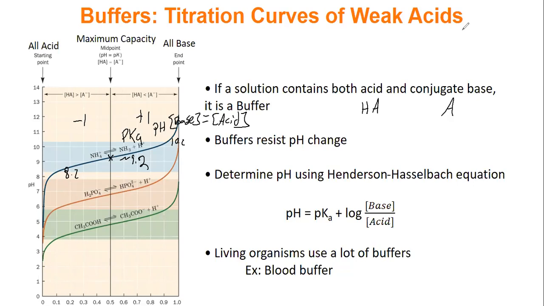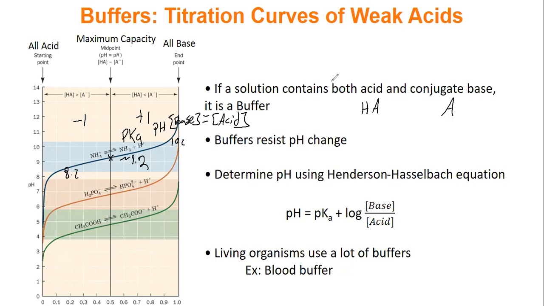The buffer maximum is +1, -1. Well, that's the maximum range, right? +1, -1 of its pKa. So that NH4 has a pKa of roughly 9.2, so the maximum range it can work as a buffer is between 8.2 and 10.2.